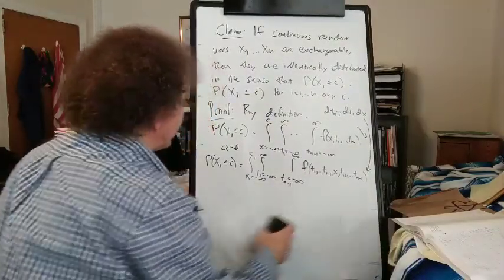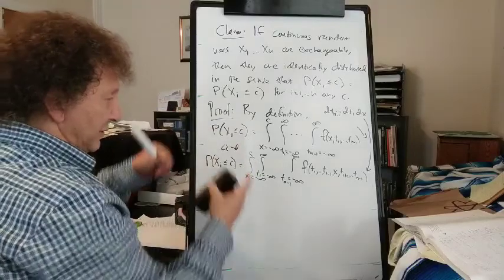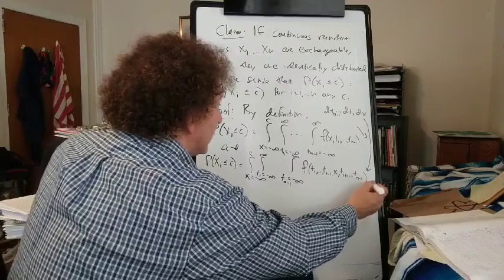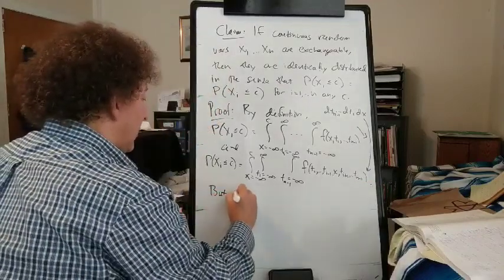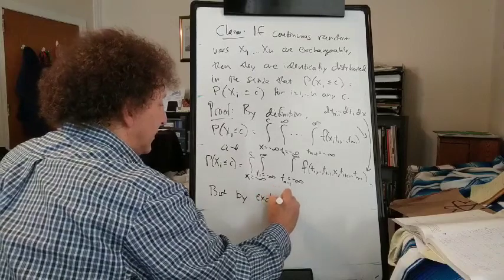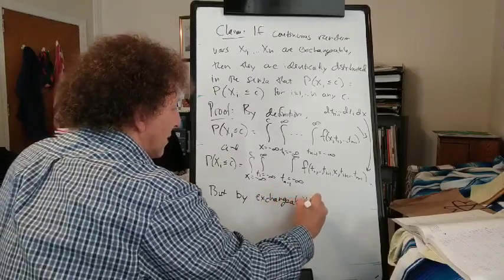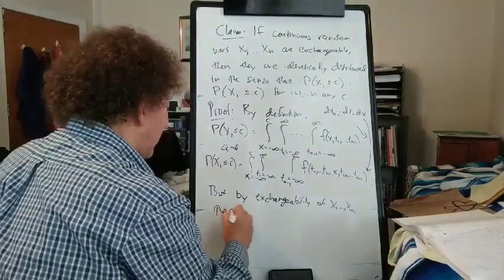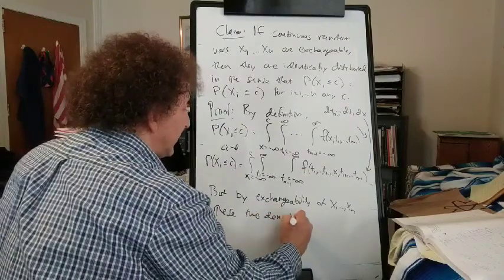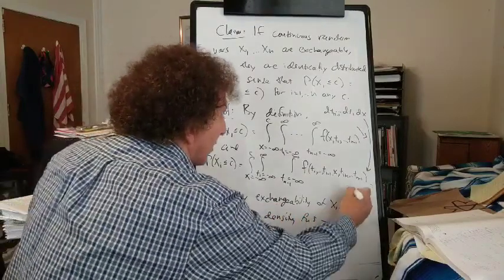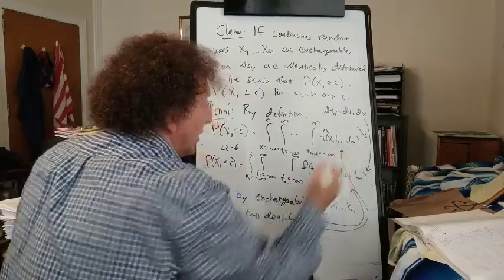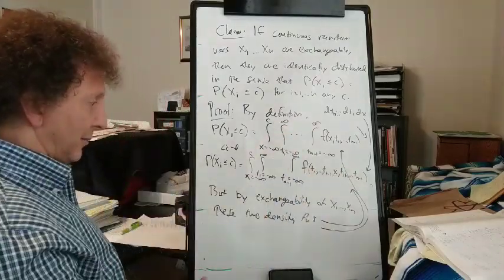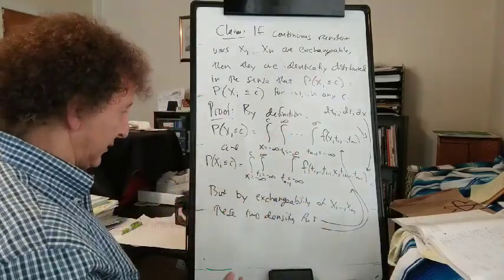Alright, so those are just expressions for these probabilities by the definition of how we use the density function to get these probabilities. But by exchangeability of X1 through Xn, these two density functions are exactly the same, because they differ only by swapping variables, and we're allowed to swap variables for exchangeable functions and not get anything different.